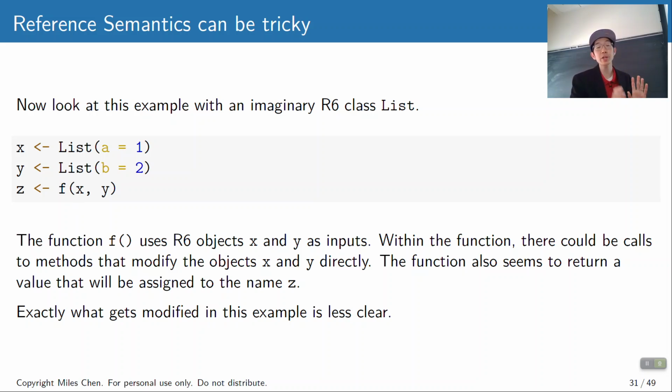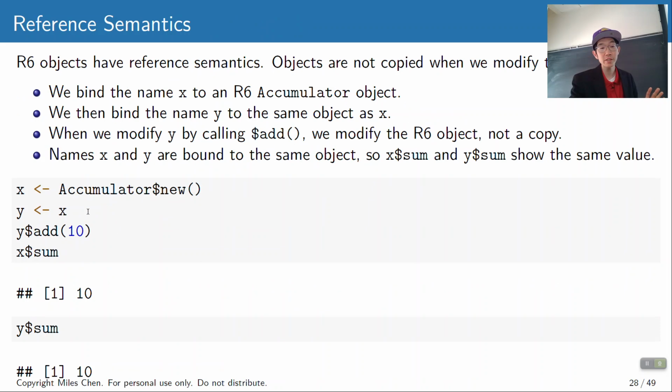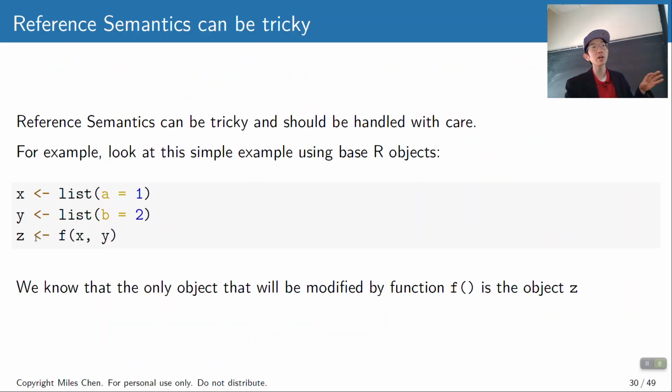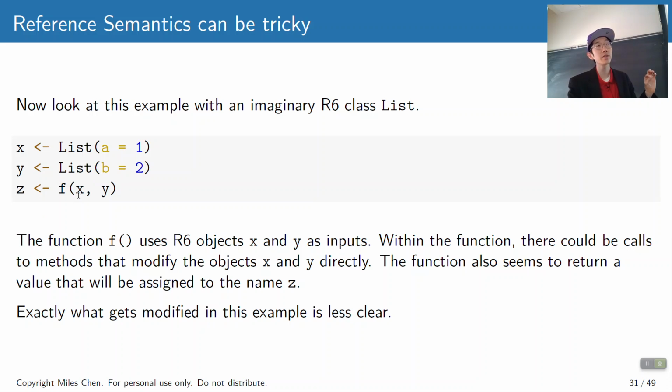There could be calls such as y$add or x$add. There could be calls inside this function f that actually modify x and y directly. So this function seems to return some value that will get assigned to z, but when you execute it, we don't know if x and y are going to get modified as part of the function running.